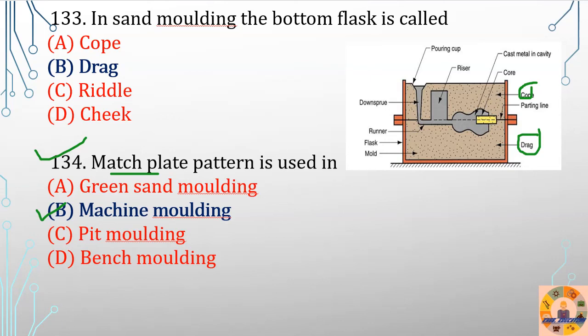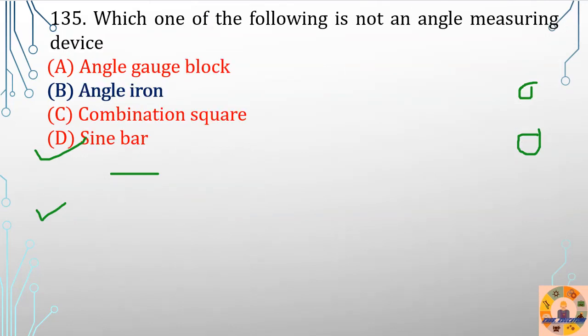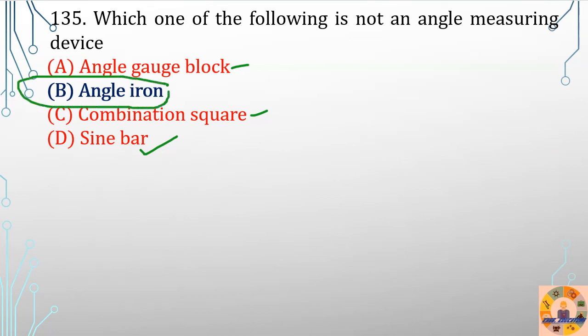Next question, and today's last question is 135. Which of the following is not an angle measuring device? So this is an angle measuring device, this is an angle measuring device, this is also angle measuring, except angle iron. Angle iron is used for making frames and structures.